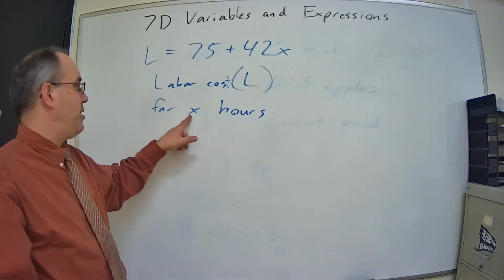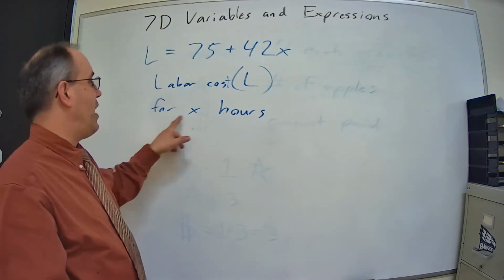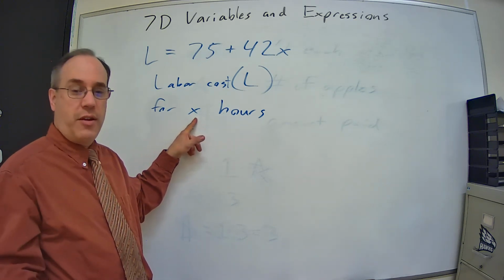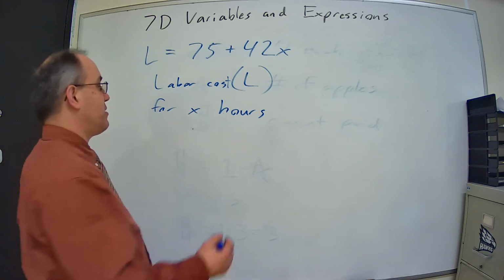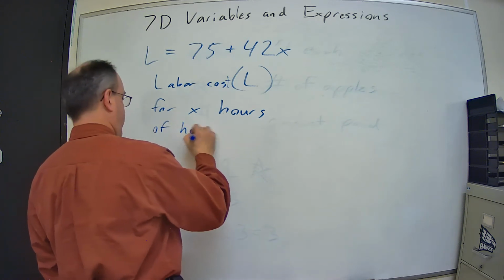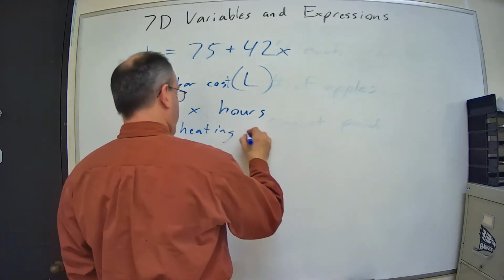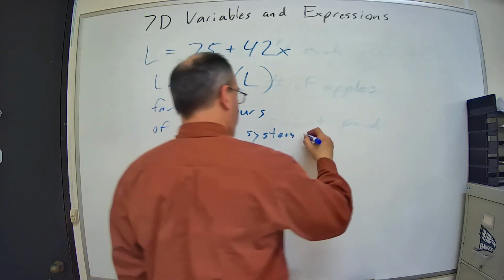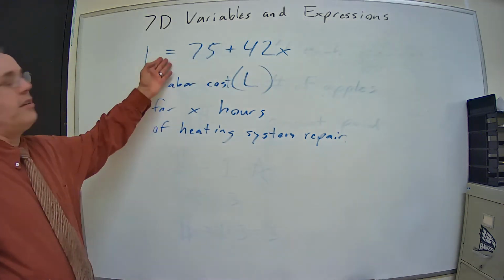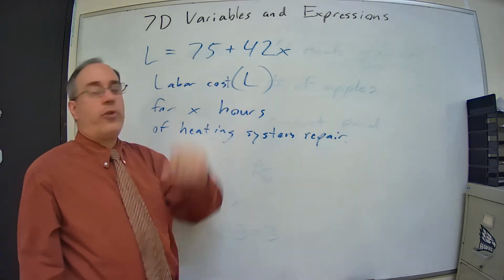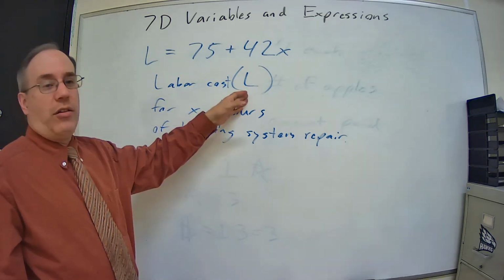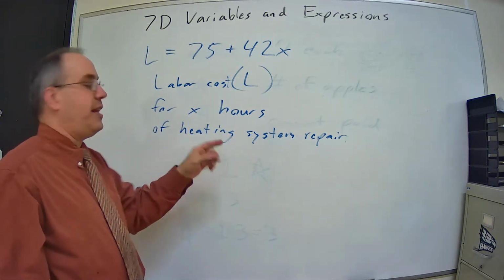Another way that we can state it, so for X hours, meaning that X will represent the number of hours of heating system repair. So we're given this formula, L is equal to 75 plus 42x, which describes the labor cost L for X hours of heating system repair.